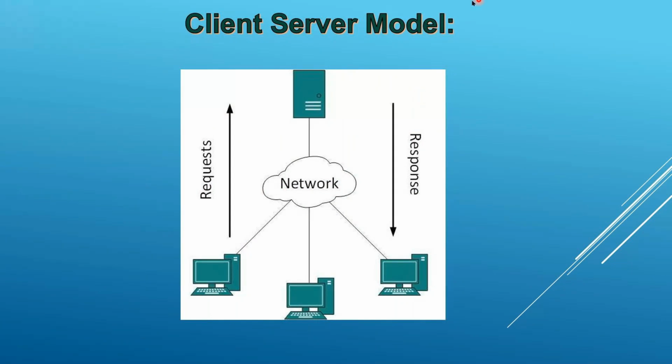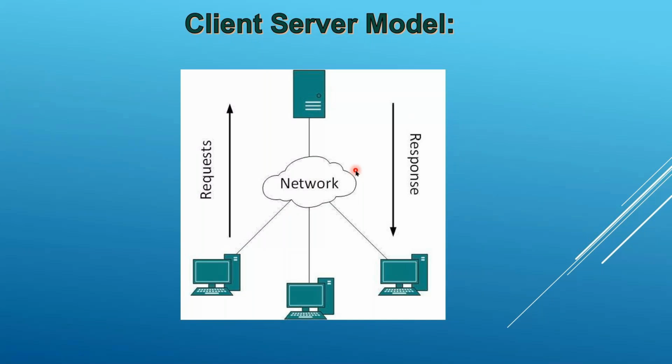So this is the server. These are the clients. Either we can use desktops or laptops. We can connect to our server through either local area network, LAN, or WAN or Wi-Fi, right? So when we try to communicate with the server, when we give the request, the server will give a response, right? So immediately we can take the data, we can access the data, we can modify the data, we can change the data, whatever, right?